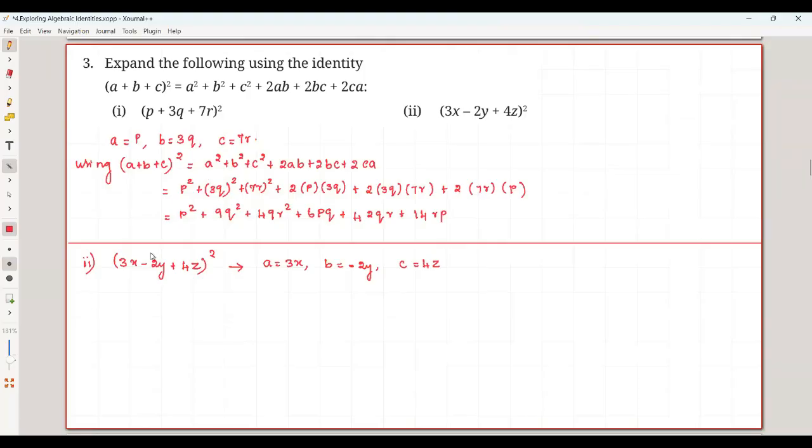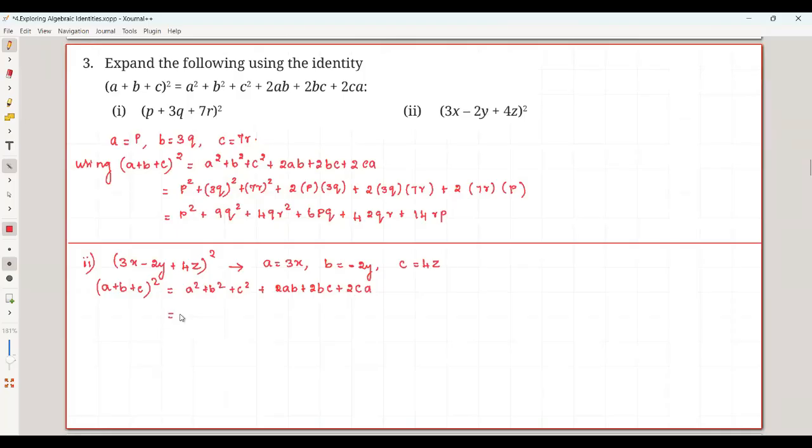So we know the formula, a plus b plus c the whole square is equal to a square plus b square plus c square plus 2ab plus 2bc plus 2ca.